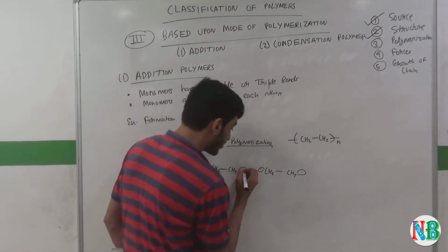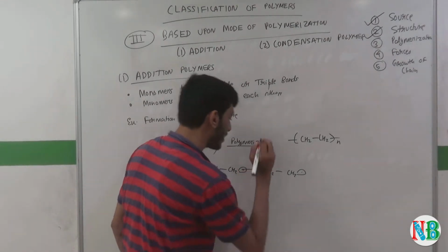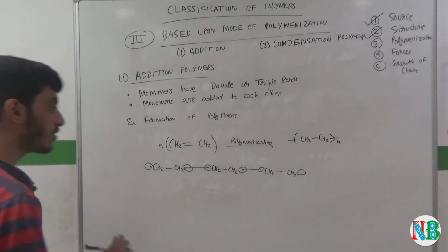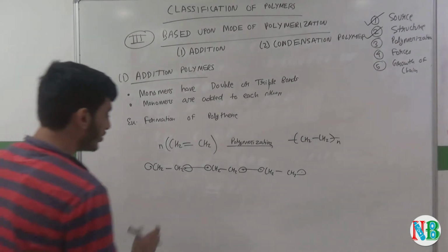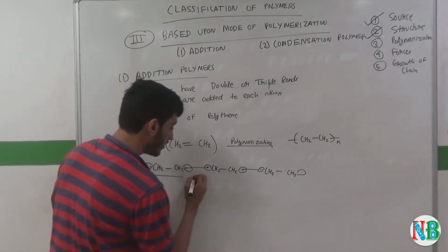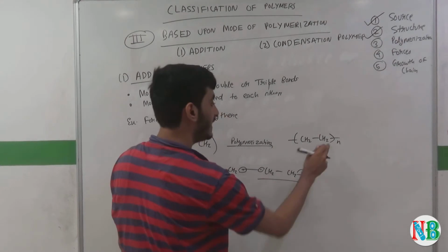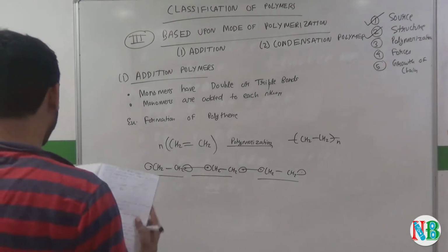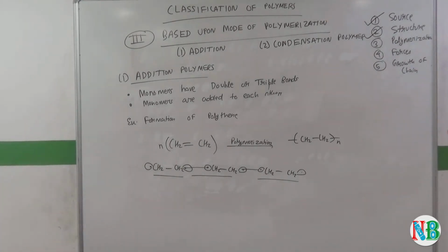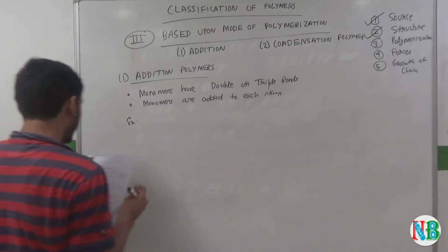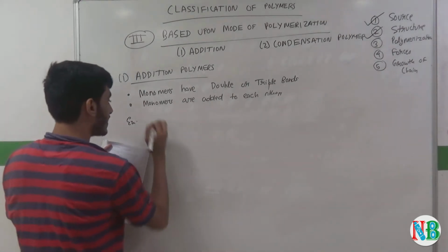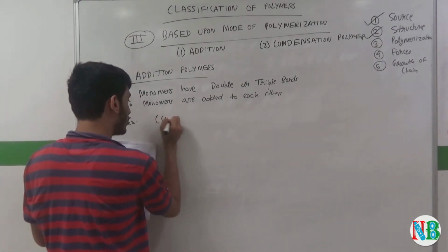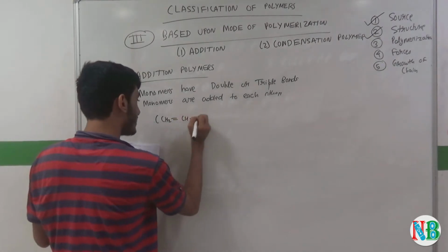This has one electron, this has one electron, make a bond. In this way you add n molecules of ethene to form a molecule of polythene.